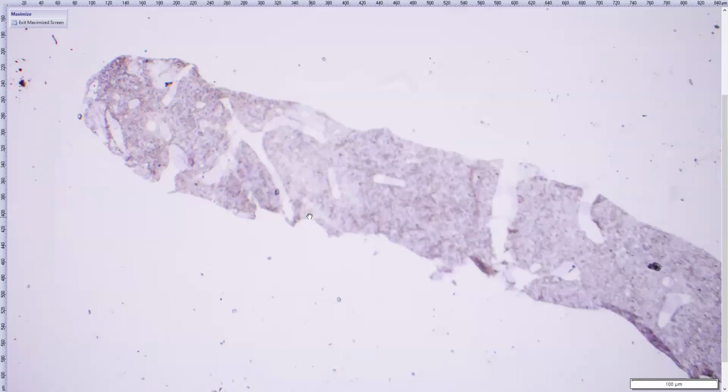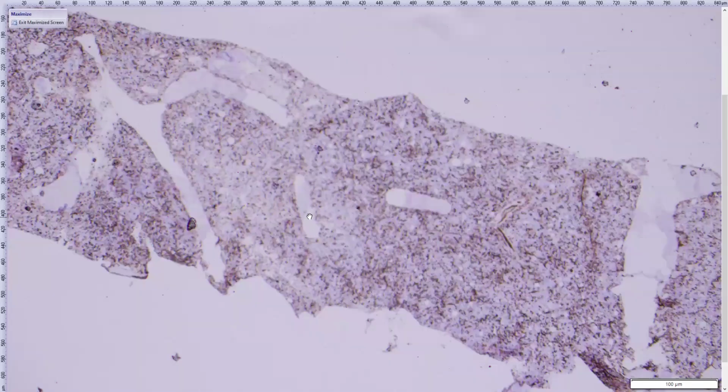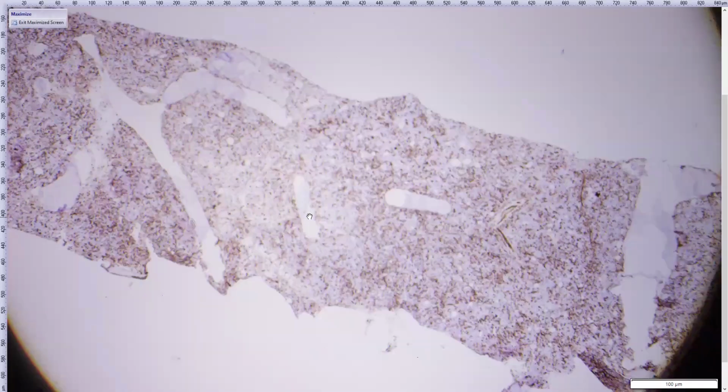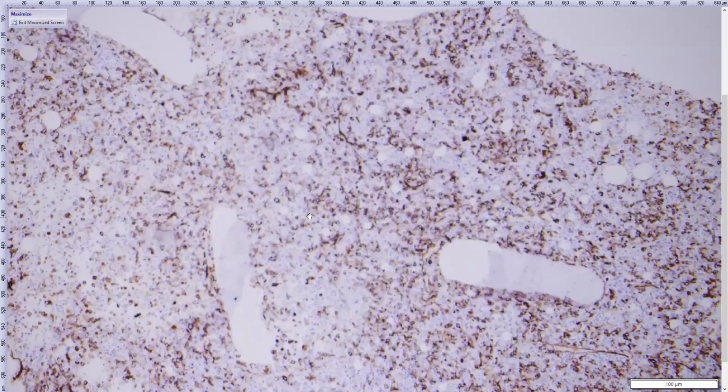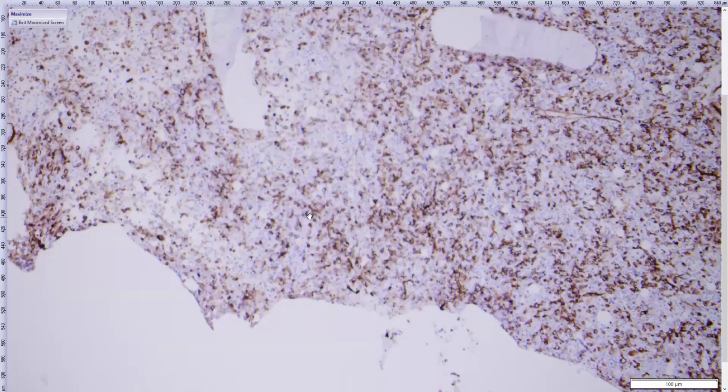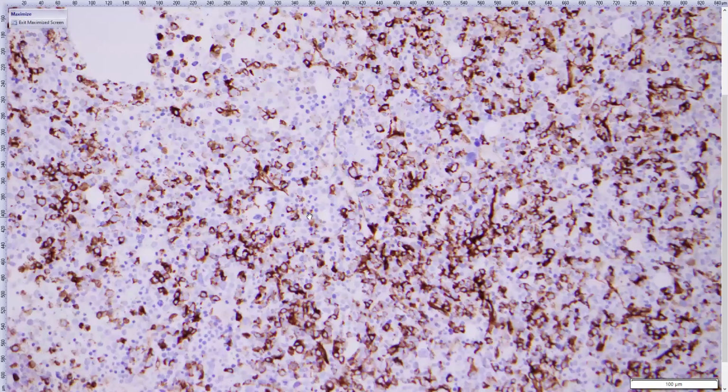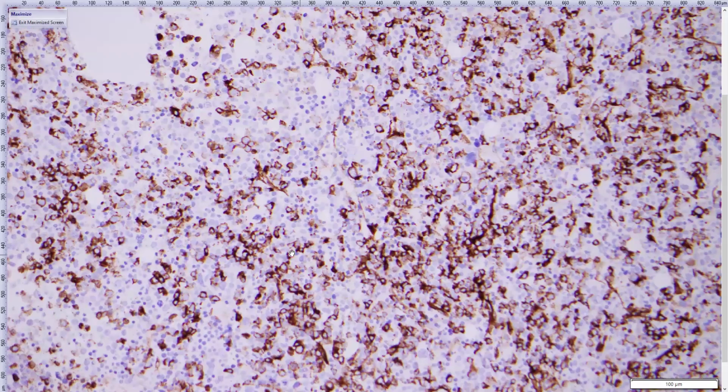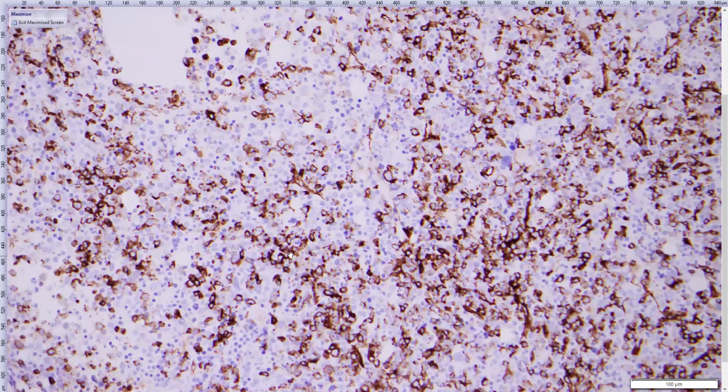Now let me show you the CD34 immunohistochemical stain. As you can see here, all these cells with this surrounding membranous brown pigment are counted as blasts. CD34 highlights hematopoietic stem cells.